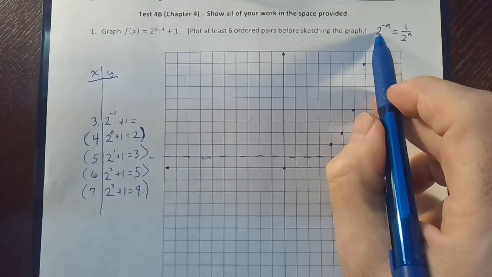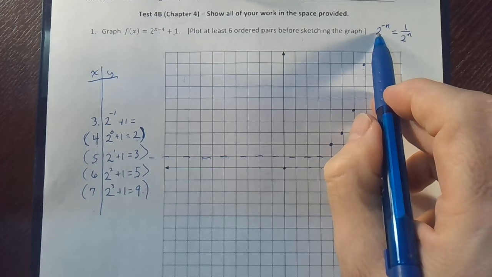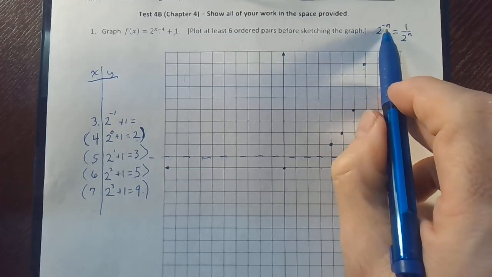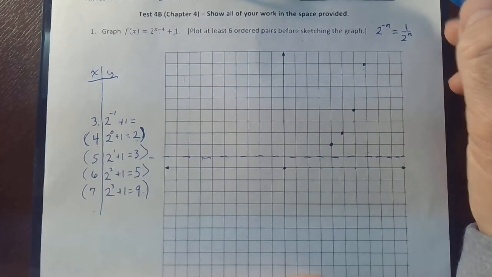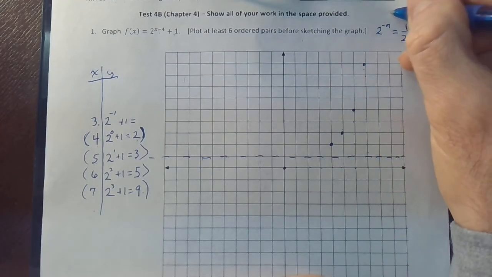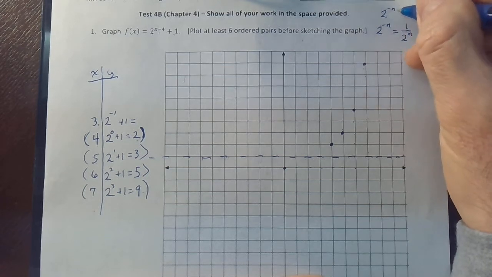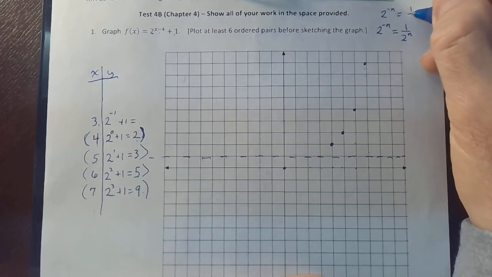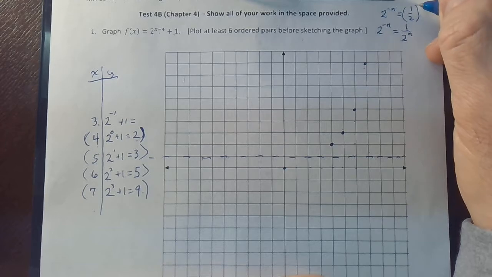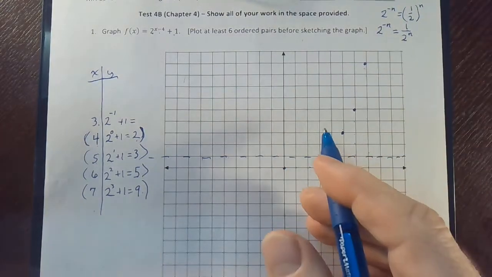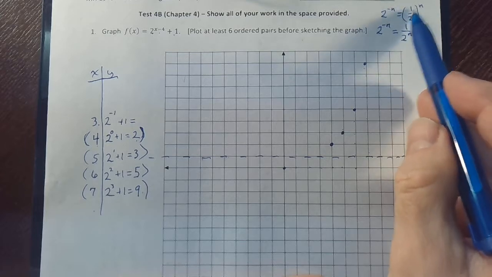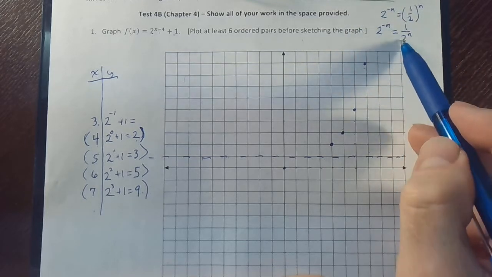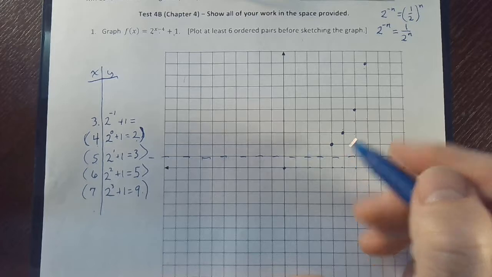Basically, you take the reciprocal of the 2, which is a half, and you raise it to the n power. So 2 to the negative n is 1 to the n over 2 to the n. Well, 1 to the n is just 1. So 1 over 2 to the n.